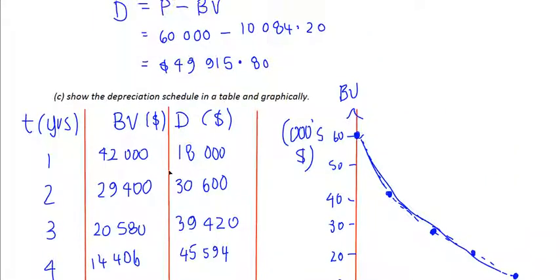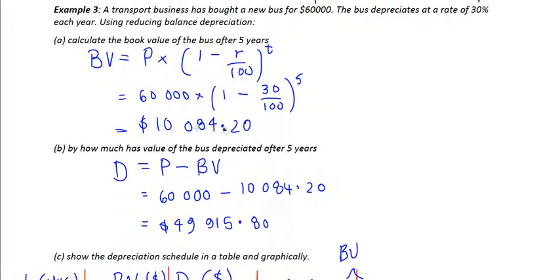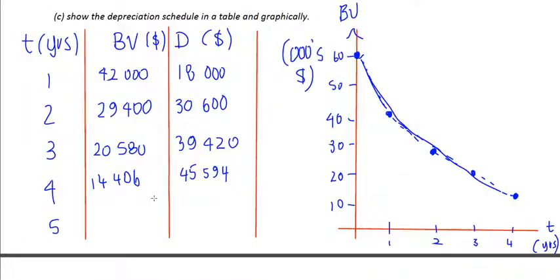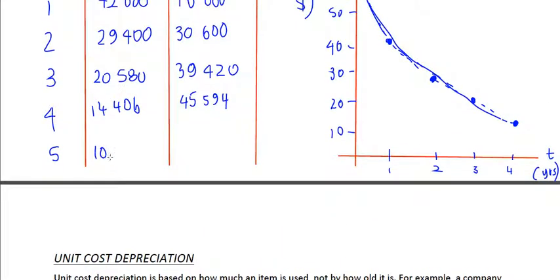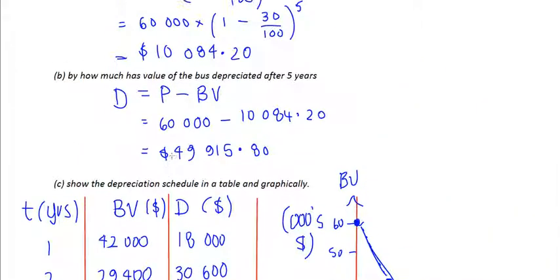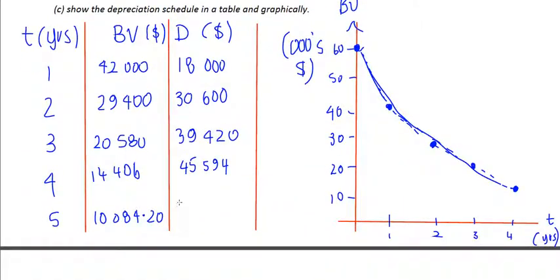And if we have a look, we can add our last one in. 10,084.20 was the book value. And 49,915.80.